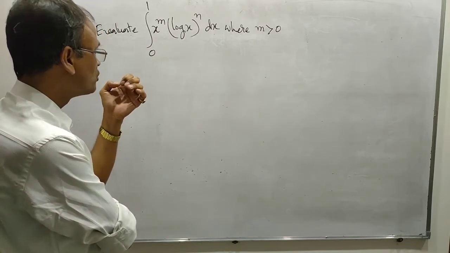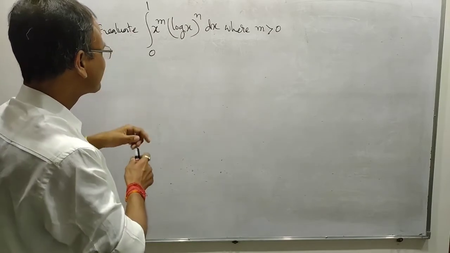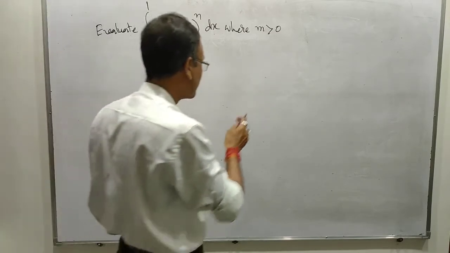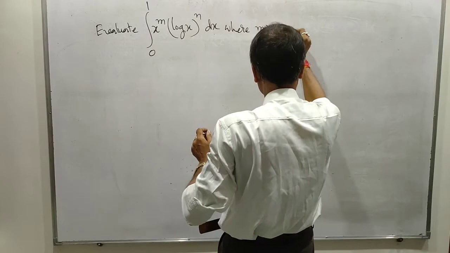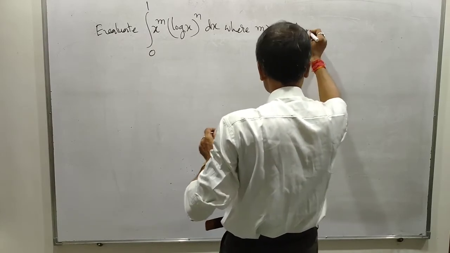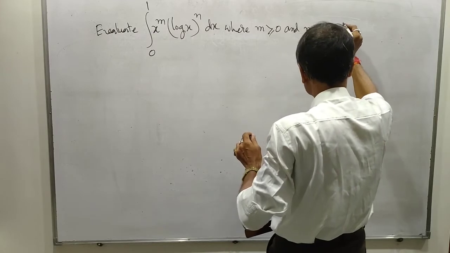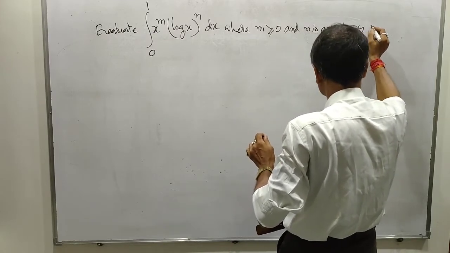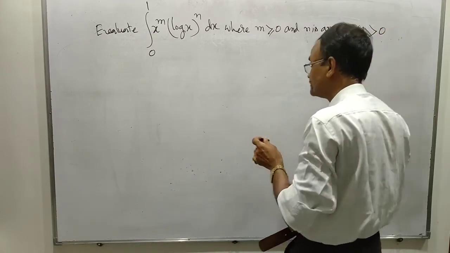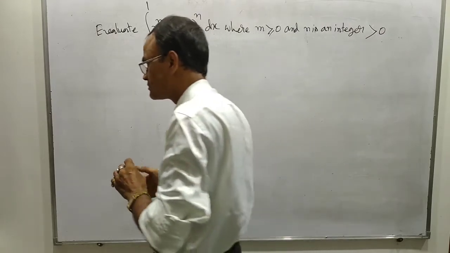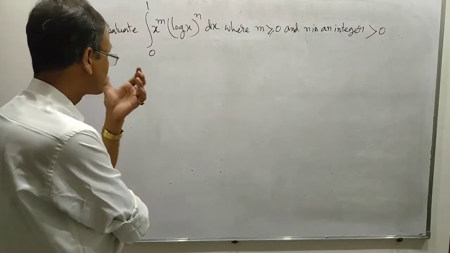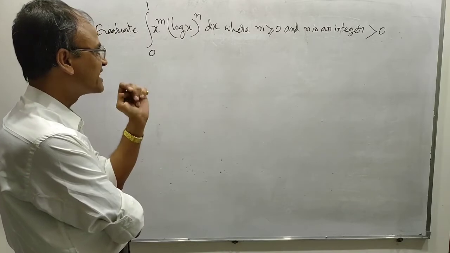It may also be equal to 1, so m is greater than or equal to 0. And n is an integer greater than 0. N is an integer greater than 0.